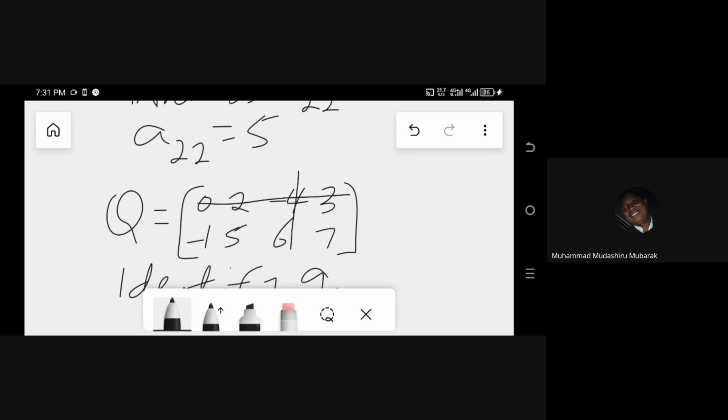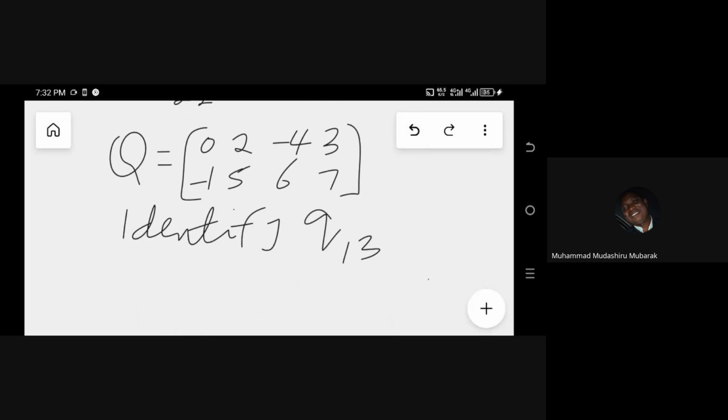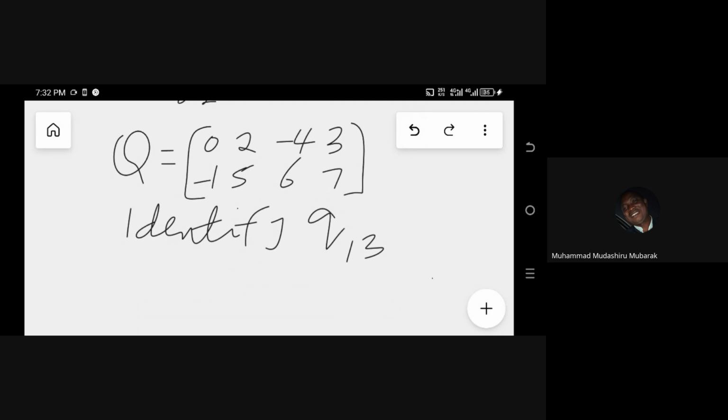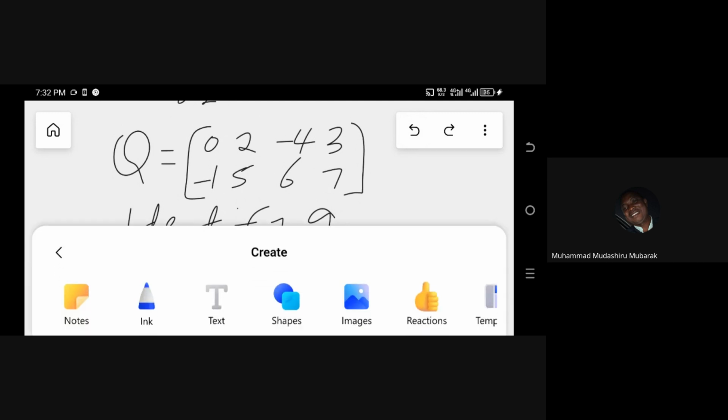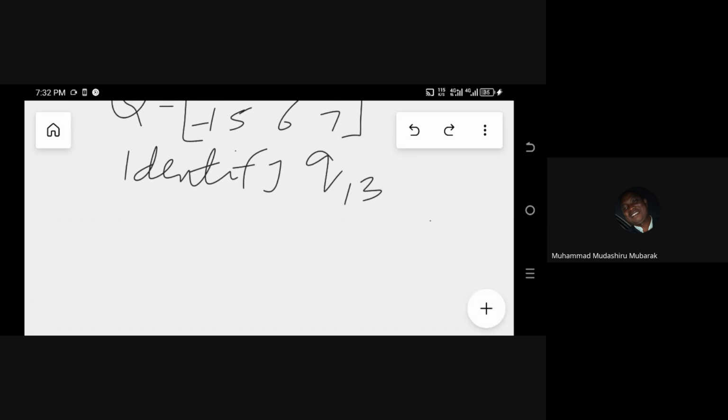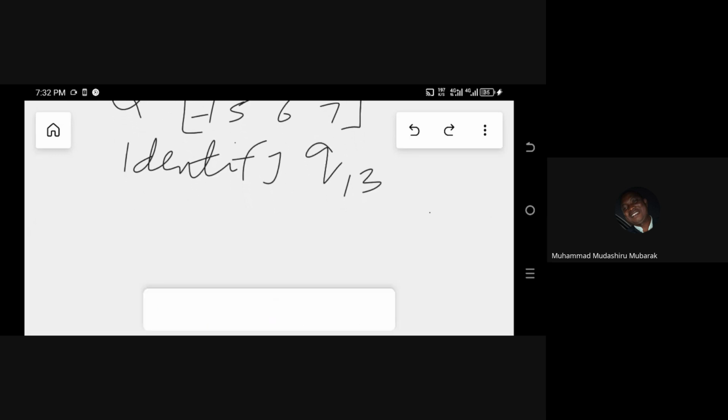You can see the point of intersection where the row and the column met. It's -4, just like the young man just answered. So Q13 equals -4.